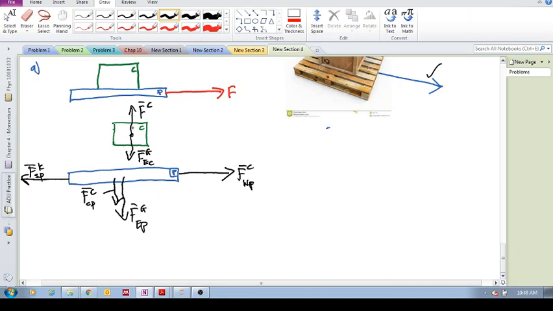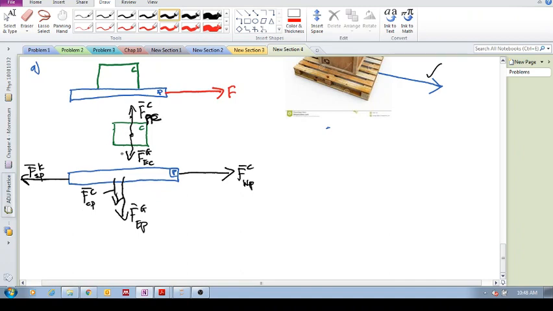It's a force pair. So this guy is the opposite of this guy. Where, hold on, sorry, this is pallet on crate. This is the contact force that the pallet is exerting on the crate. So this one and this one are force pairs.